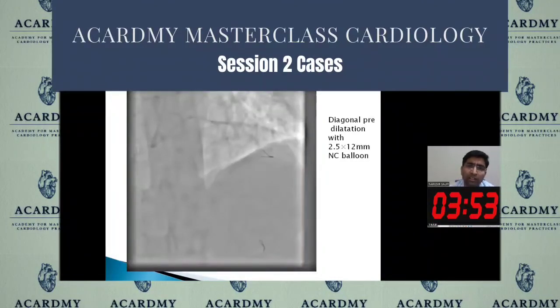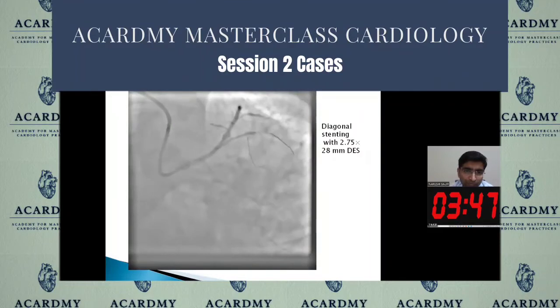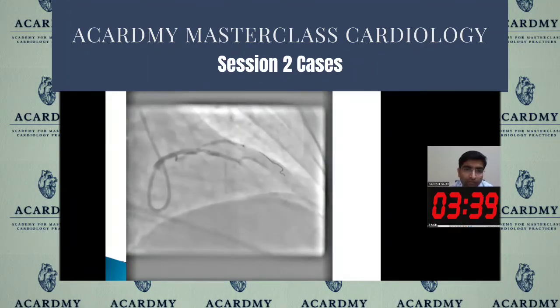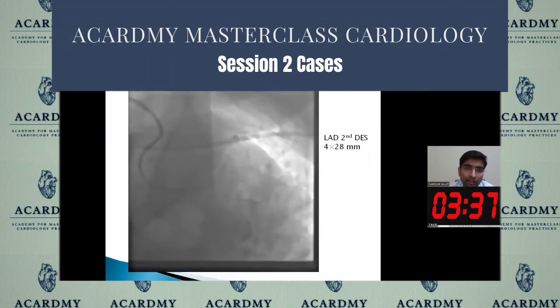So we first did pre-dilatation of the diagonal with a 2.5 x 12 mm MC balloon, and the diagonal stent was done with 2.75 x 28 mm with just 2 mm protrusion in the main vessel. After that, the wire from the diagonal was removed, and the LAD stent 4 x 28 mm was deployed.